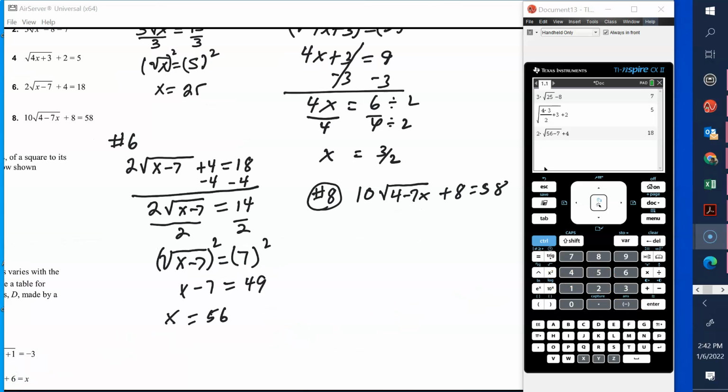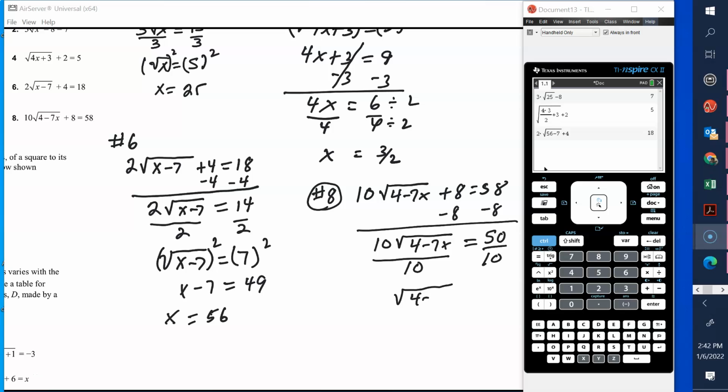We're going to solve for x by subtracting 8 first. So we have 10 times the square root of 4 minus 7x equals 58 minus 8 gives you 50. Divide by 10. So you have the square root of 4 minus 7x equals 50 divided by 10, which gives you 5.